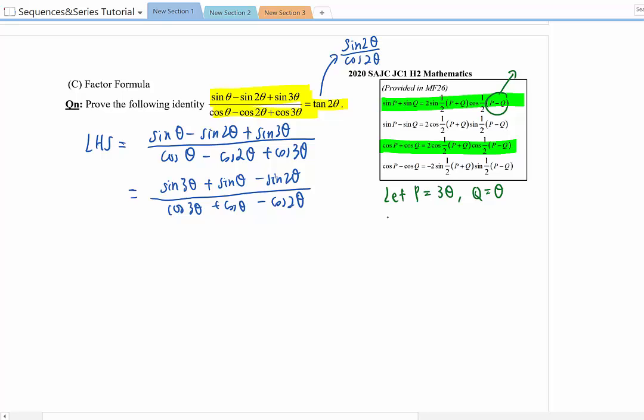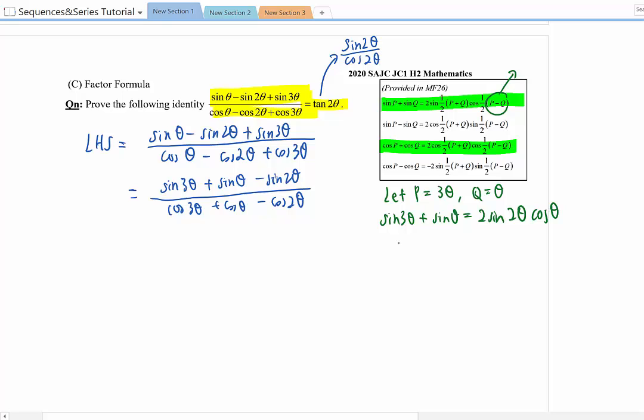So in the first case, sine 3 theta plus sine theta gives us 2 sine of half of 3 theta plus theta, which is 2 theta, and cosine of 3 theta minus theta is 2 theta, and half of that is theta.